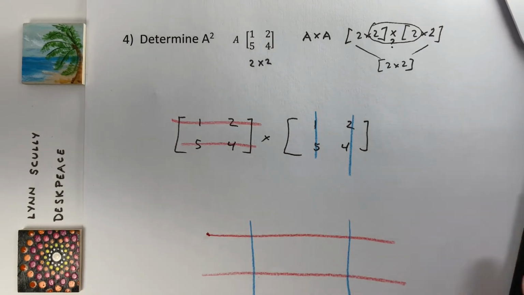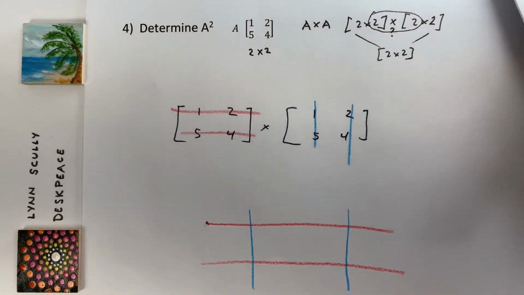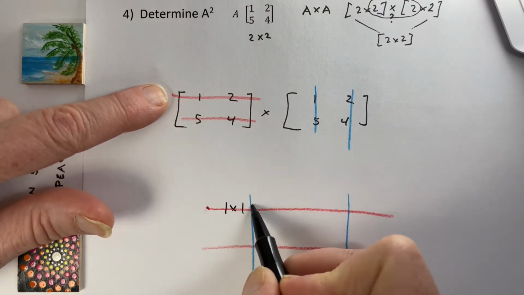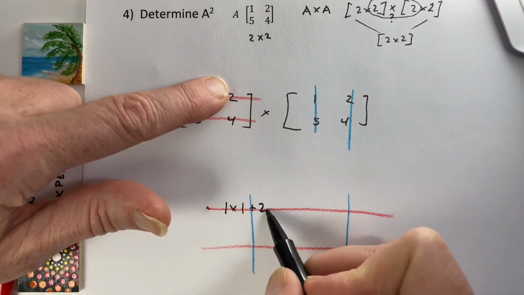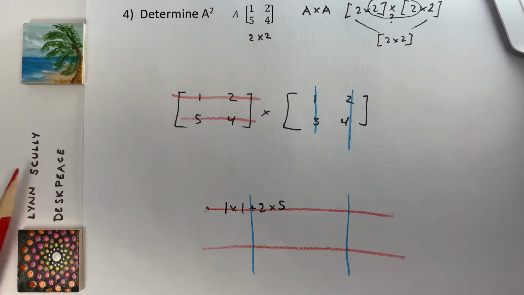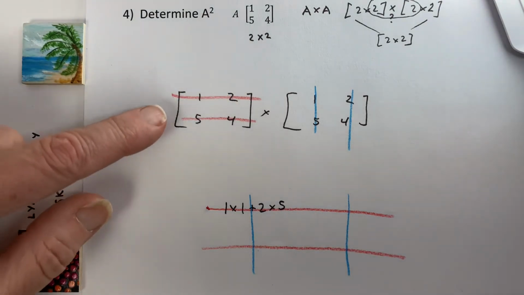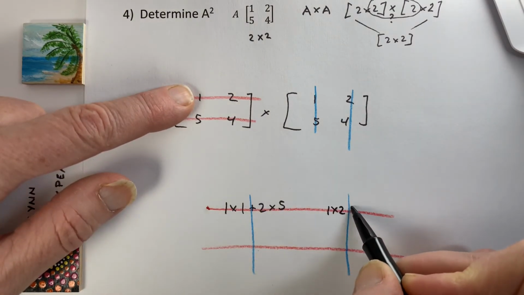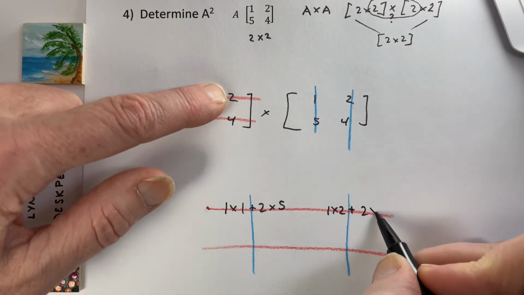I'm going to move up the paper. Okay, so row 1, column 1: 1 times 1 plus 2 times 5. Okay, next, I'm still in the same row. Next column, 1 times 2 plus 2 times 4.